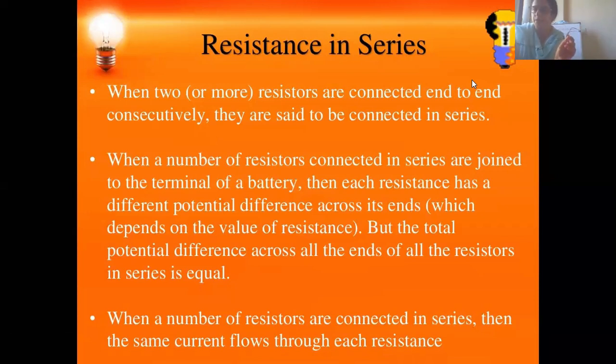When a number of resistors are connected in series, each resistance has a different potential difference. Now, how can we draw the circuit diagram for such a combination? Let me discuss it with you. For example, if I am having 3 resistors, how can I join them and how to join them?